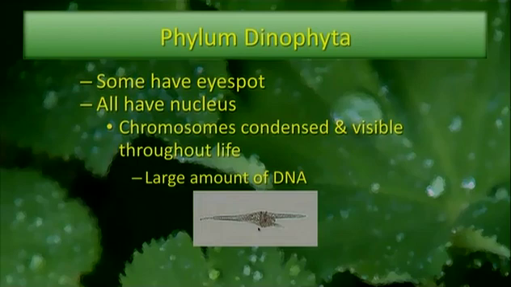So 50 times 40, that's 200. Yes, the dinoflagellates have about 200 chromosomes, give or take a few. But of course, just because an organism has a lot of chromosomes doesn't necessarily make it more complex than another organism that has fewer chromosomes. There's actually a fern that has over 1,000 chromosomes in each of its cells.